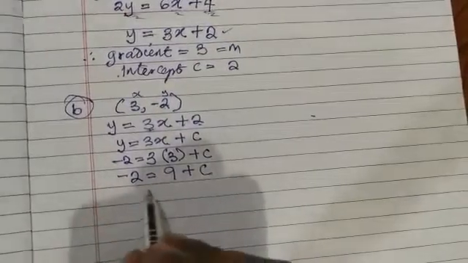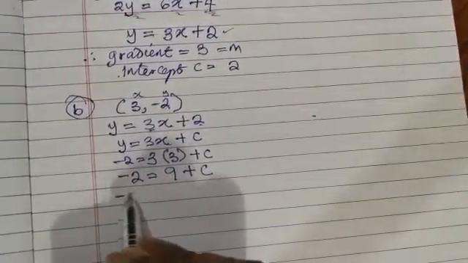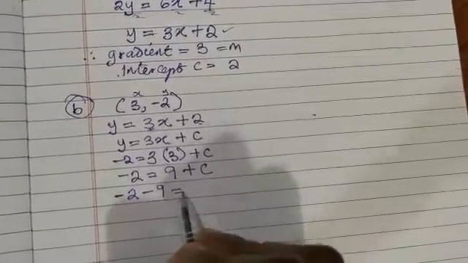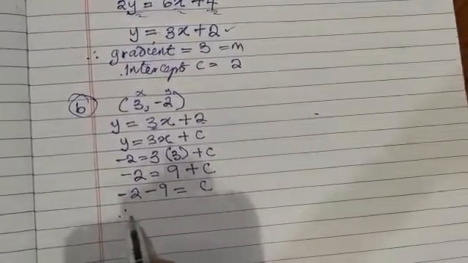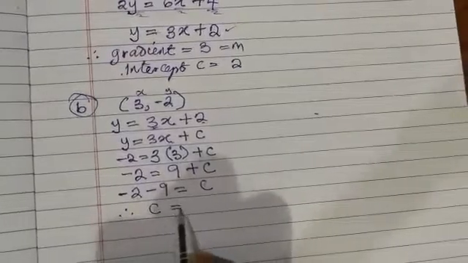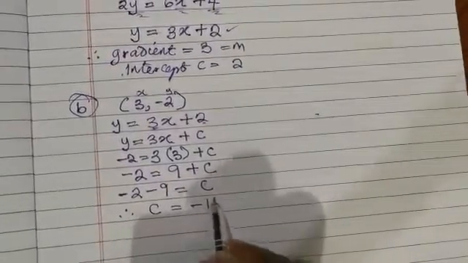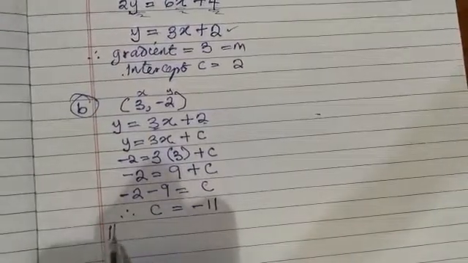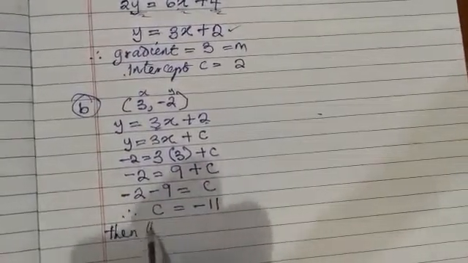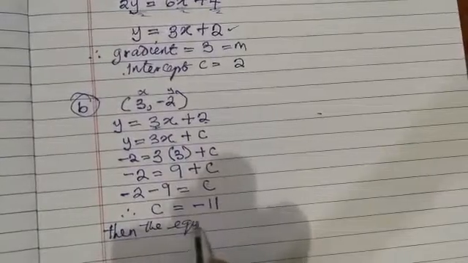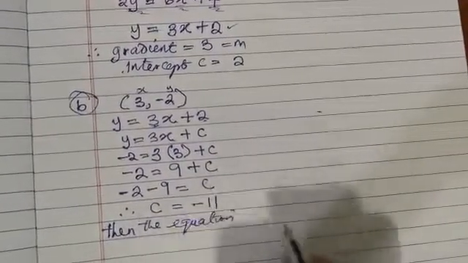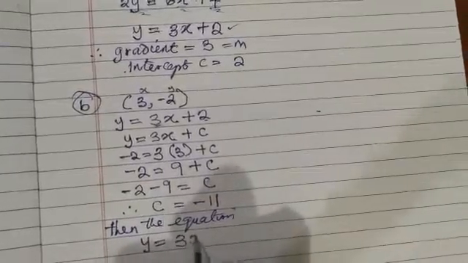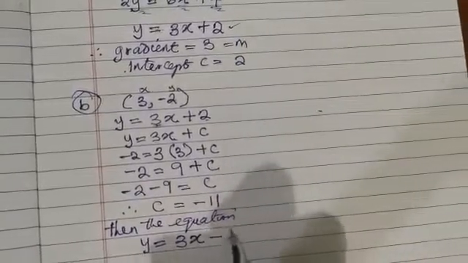So minus 2 minus 9 is equal to c. Therefore, c is equal to minus 11. Then the equation will now be y is equal to 3x minus 11.